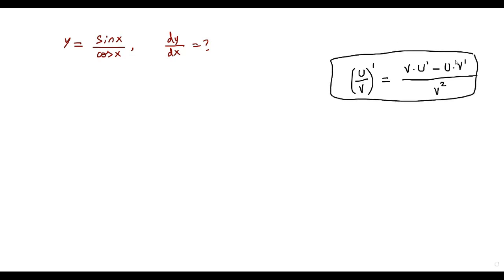Now let's apply the quotient rule to get the derivative of the given function, because it contains variable in both numerator and denominator. Here when I find the derivative of y with respect to x, it will just become dy over dx. On the right side, we have to take the square of the denominator. Here we have cosine x. When I take the square of this denominator cosine x, it will be cosine x the whole square.